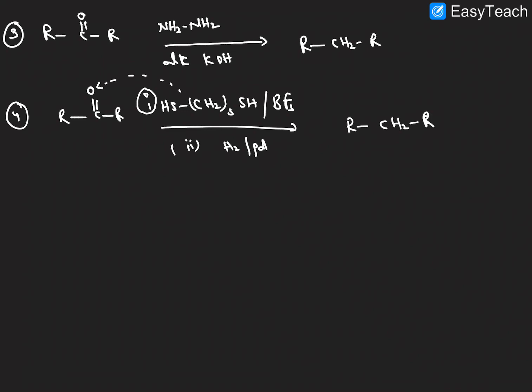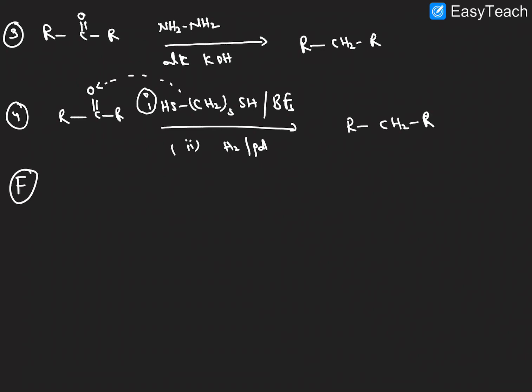So these are some preparations from carbonyls. Then we discuss a very important point here. These reactions can be used for all types of carbonyl compounds. Whatever we discussed, these four reagents, all types of carbonyl compounds we can convert into hydrocarbons.